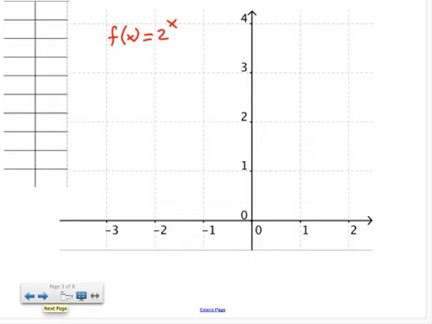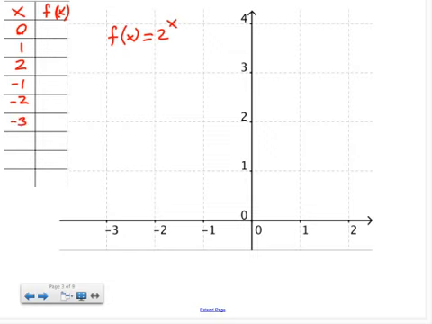So let's do this by making a table of values, which is what we usually do when we don't know what a function's graph looks like. So let's plot 0, 1, and 2, and then we'll go negative and plot some of these values here to try and get a complete picture.